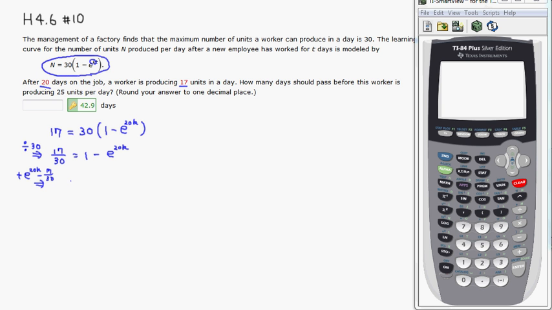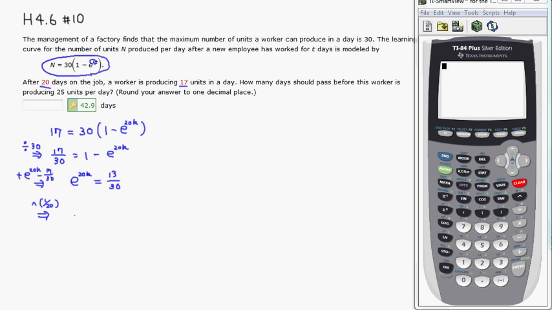So you end up getting e to the 20k is equal to 1 minus 17 over 30. 30 minus 17 is 13, and the common denominator is 30, so we get that. Then I'm going to solve for e to the k, so all I need to do is raise both sides to the 1 over 20th power.